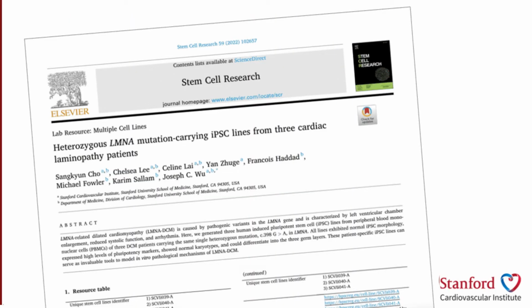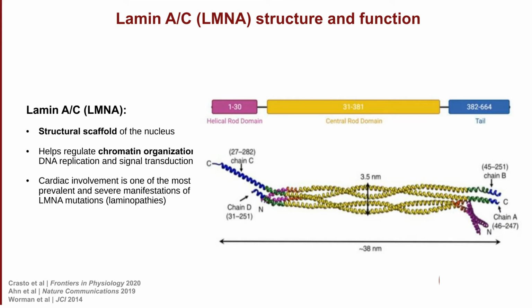I thought I would share our most recent publication from the lab, led by postdoctoral fellow Dr. Sang Cho, published in January in Stem Cell Research. Here, our lab generated 3 heterozygous Lamin A mutation carrying iPSC lines from 3 cardiac laminopathy patients. Lamin A is a rod-shaped structural scaffold of the nucleus.